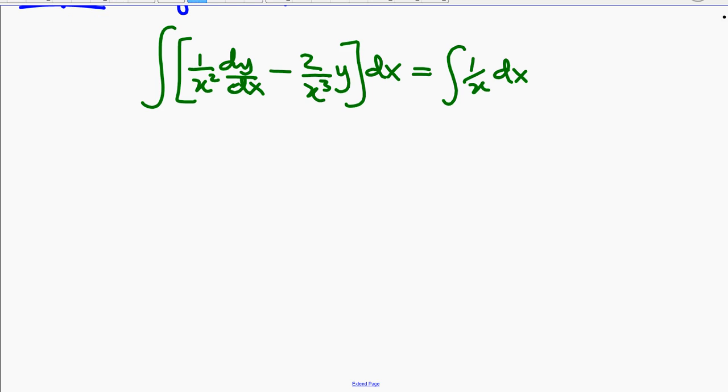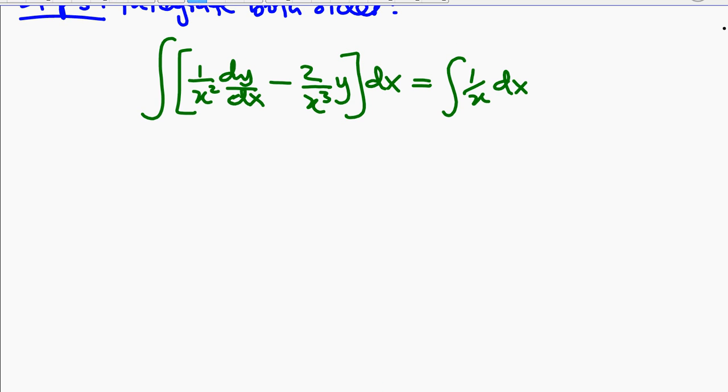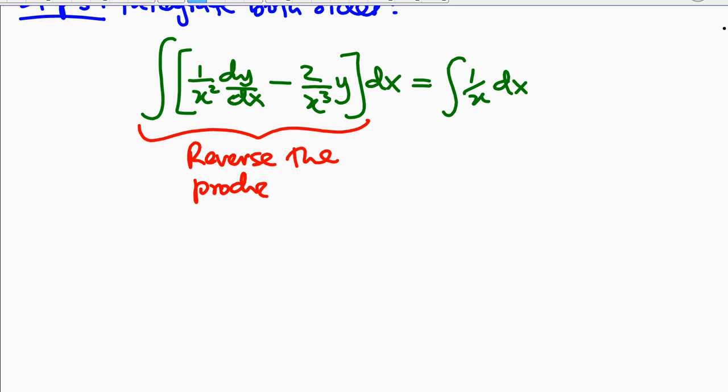Now, here is where you're going to reverse the product rule. Another way to reverse the product rule is to just multiply the integrating factor by y.